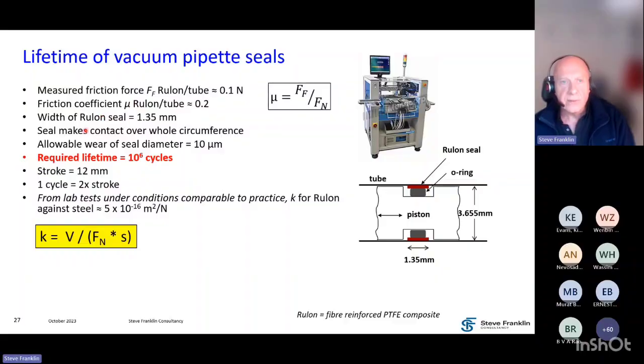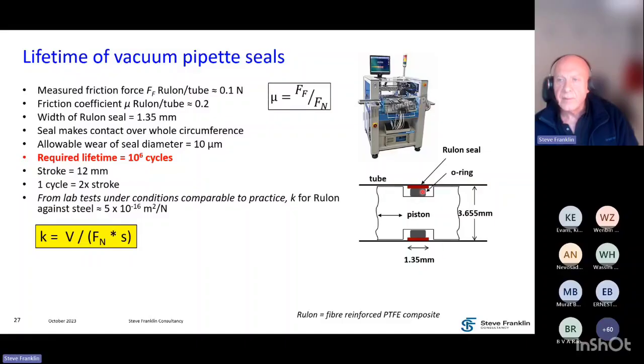We know the geometry of the seal. We know that the seal is allowed to wear by 10 microns on its diameter, and this is in order to maintain sufficient pressure from the O-ring to give a good enough seal against the tube.